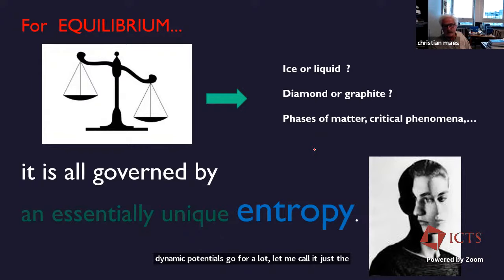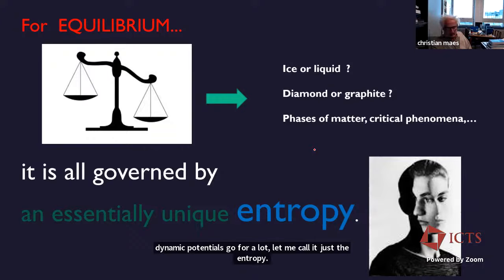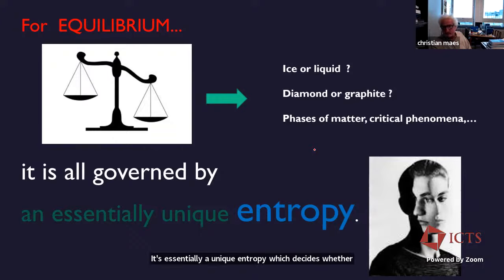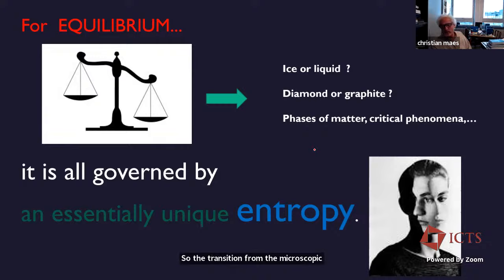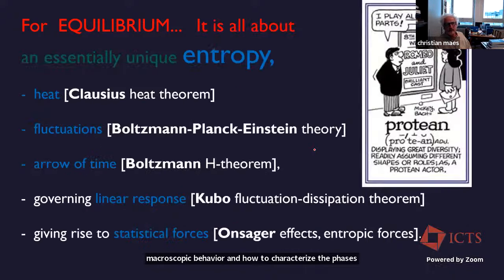It's essentially a unique entropy which decides whether a particular piece of matter is either a diamond or more graphite, while the more elementary microscopic degrees are very similar. So the transition from the microscopic laws to the macroscopic behavior, and how to characterize the phases of matter and the response, is basically governed by the entropy. It's all about that unique entropy.